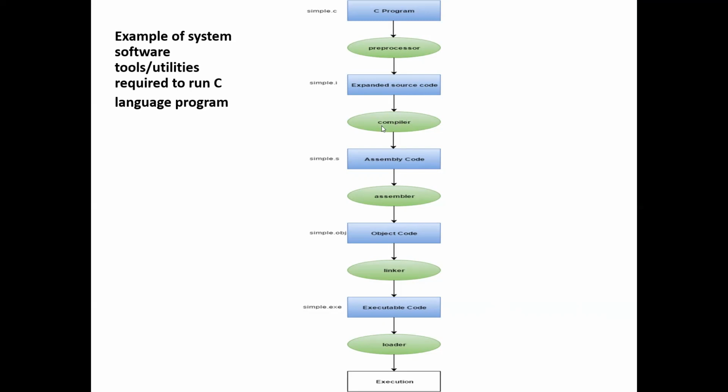Next, that is the input to your compiler. The compiler will compile it, then assembly code is there, which is input to your assembler. At the output of the assembler, you can form the object code. And the linker's job is to link all the object codes and form the executable. Then the loader will load it and execute it for your program.